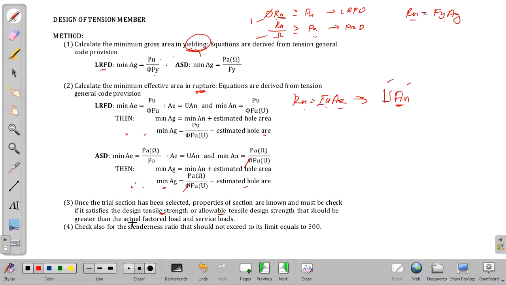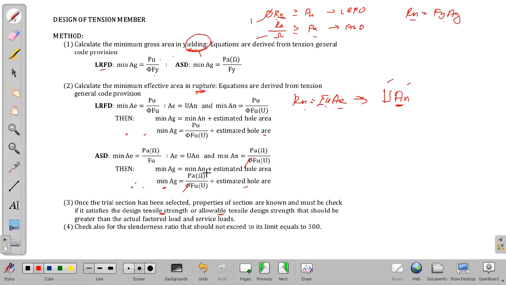That should be greater than the actual factored load or the service load. So the design tensile strength or the allowable tensile strength should be greater than the actual factored load, or service load for allowable. If it is okay, your trial section is safe, so you can use your trial section.